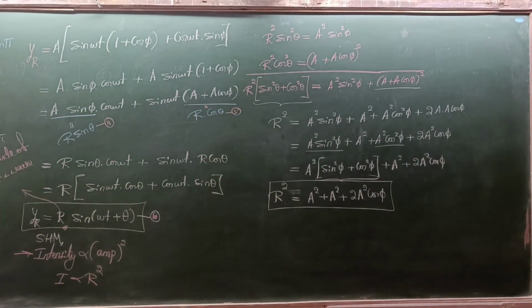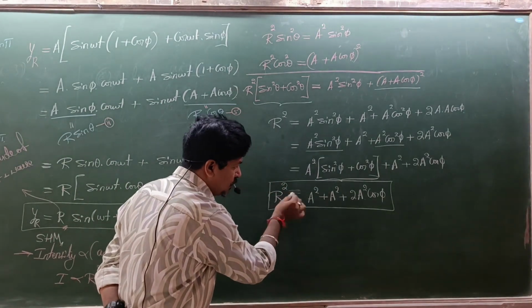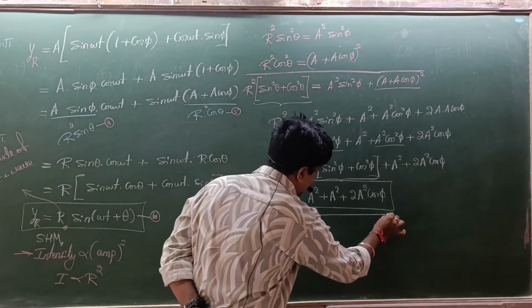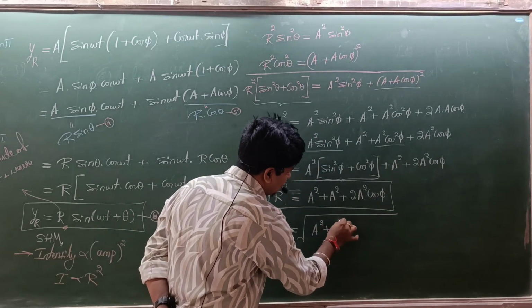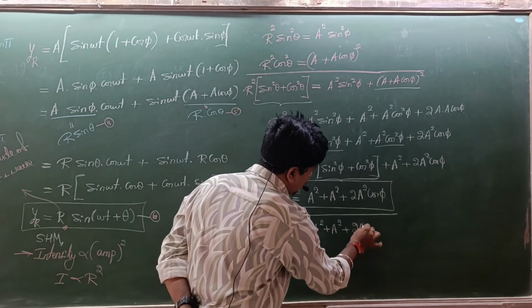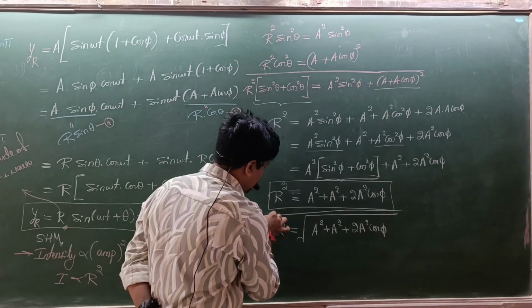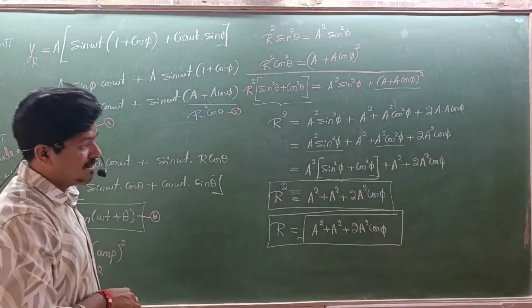This is the expression of intensity. The magnitude of the amplitude of the resultant wave r is equal to root of a square plus 2a square cos pi.